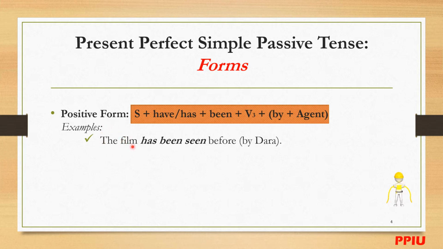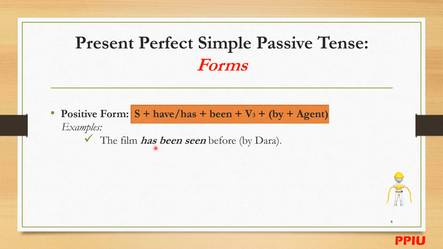It is used with the subject pronoun it, has been. Seen is the past participle of see. See, saw, seen, right? Okay, before I get to the time expression, by is by, Dara is the agent. So, who has seen the film? Dara.